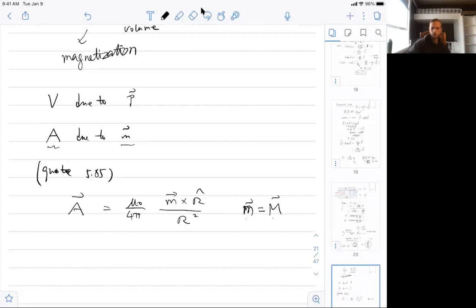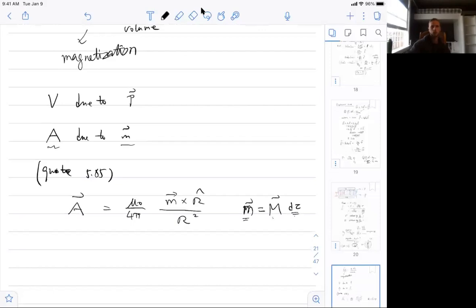Now, if you're talking about one dipole moment, that is a small chunk of material inside the entire material that's been magnetized. If you look at the little chunk d tau, the volume times the magnetization gives you a little dipole moment.